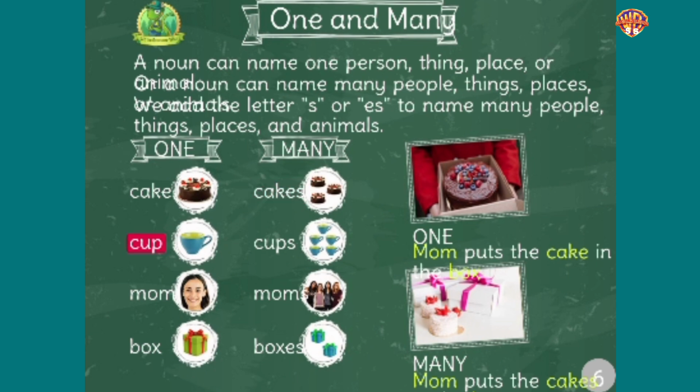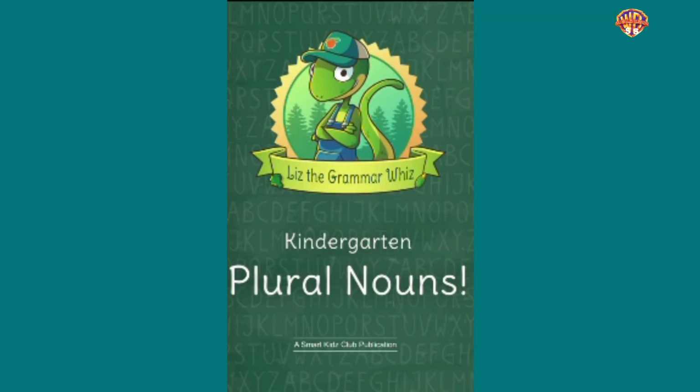One cup, many cups. One mom, many moms. One box, many boxes. One, mom puts the cake in the box. Many, mom puts the cakes in the boxes. Plural nouns.